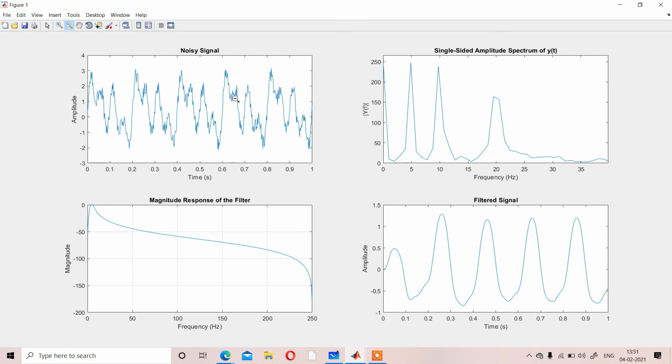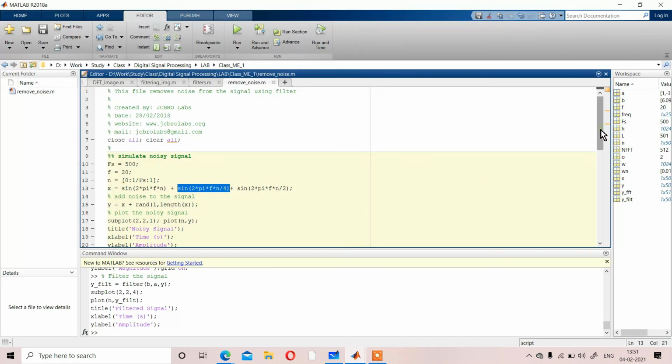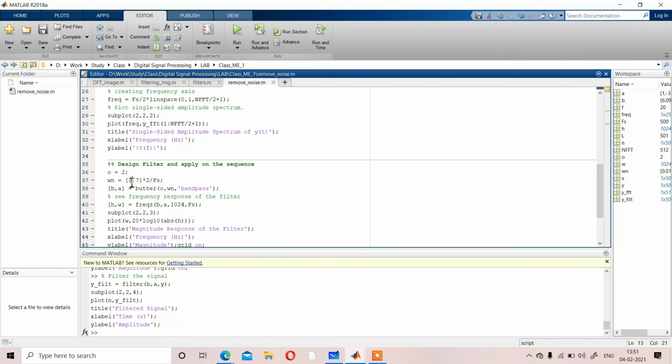Okay, so that is your noisy input, and that is your filtered signal, where only that frequency range is showing. Similarly, if we change the frequency range, you can change that part, 3 7, into, suppose, 8, 12.